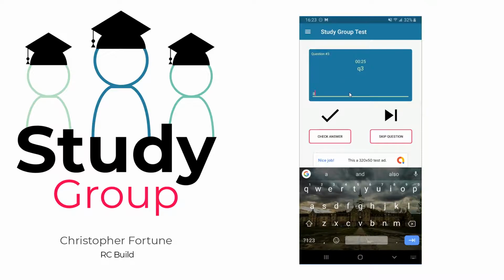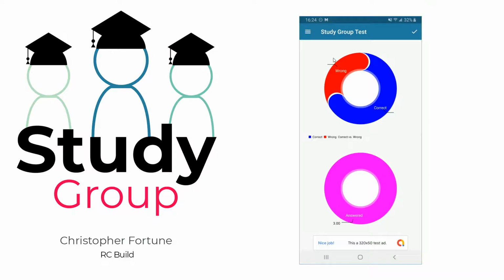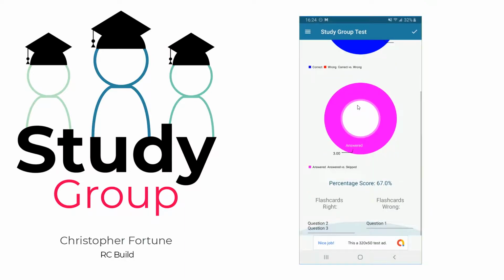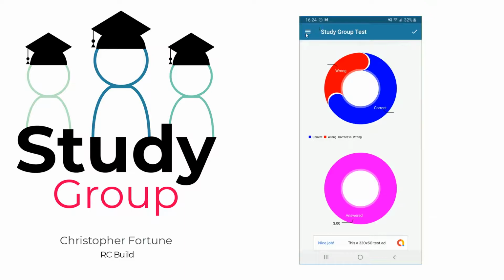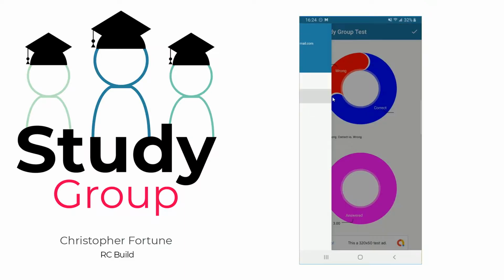Say A3, we'll check correct. And if we go here, it will display the results of the test that we just took. It displays the questions that we got correct as well as the questions that we got wrong, as well as the overall percentage score.